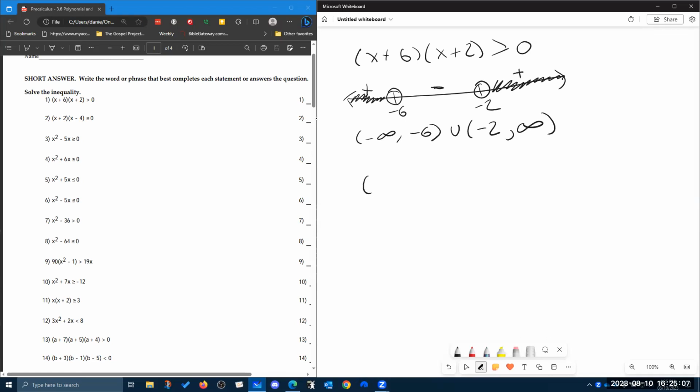Our next problem: x plus 2 times x minus 4 is less than or equal to 0. We have zeros at -2 and 4, which are included this time because of that line underneath the inequality symbol that means or equal to.